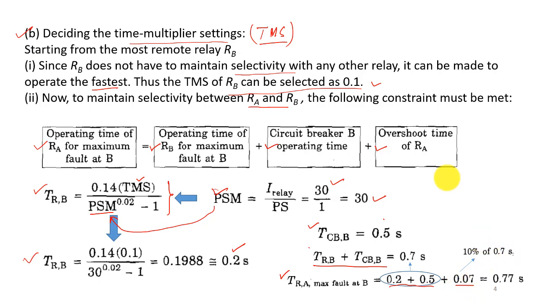That gives us the overshoot time for relay A, and the total is 0.77 second, which is nothing but the operating time for relay A for the maximum fault current at bus B.